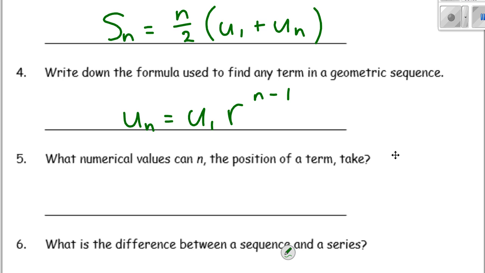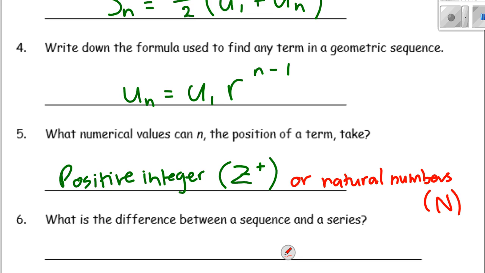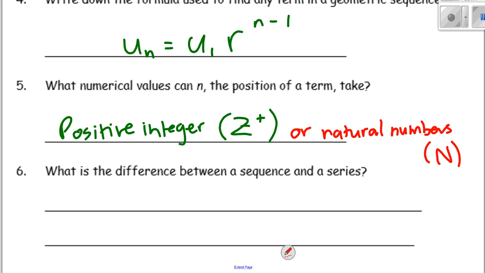The symbol for positive integers is Z plus, and for natural numbers the symbol is N. Positive integers is a bit safer to say, because some books think that 0 is a natural number, and some books say that 0 is not. But both would be fine, we know what you mean. Basically, positive whole numbers. You can't get 5.4 as an answer for n. It's not possible to get a 5.4th term in a sequence.